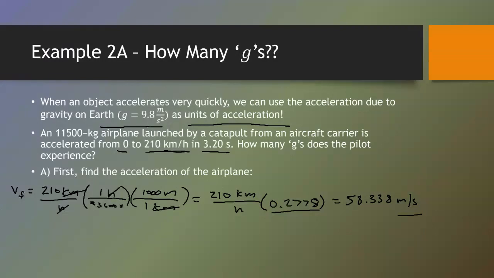Now, to figure out the acceleration of the airplane, right? Acceleration is just the change in velocity, the final velocity minus the initial velocity, divided by time. This is a kinematic equation if we rearrange it, but this is also just the definition of acceleration. The final velocity from what we just calculated is 58.338 meters per second.